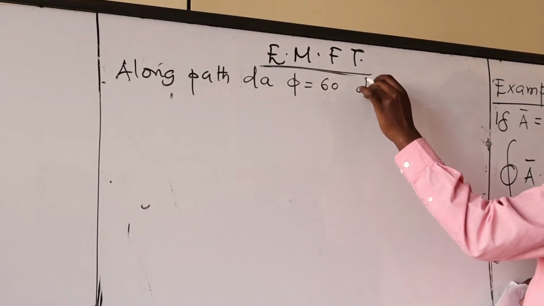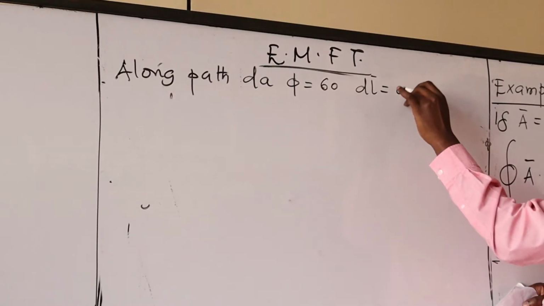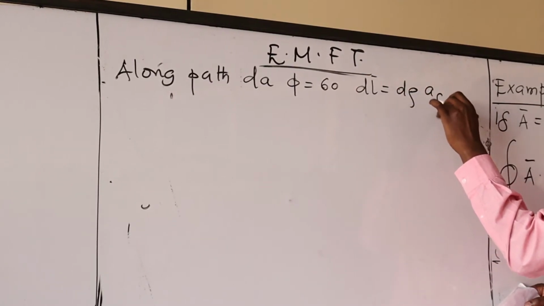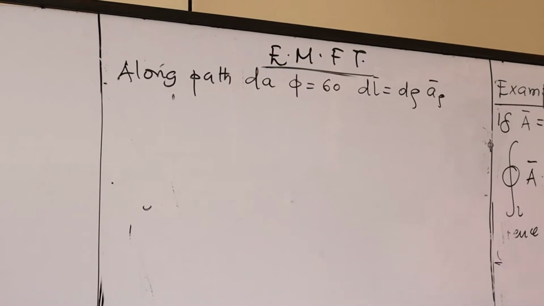So our dl definitely must be in the direction of A rho, and that will be d rho in the direction of A rho.